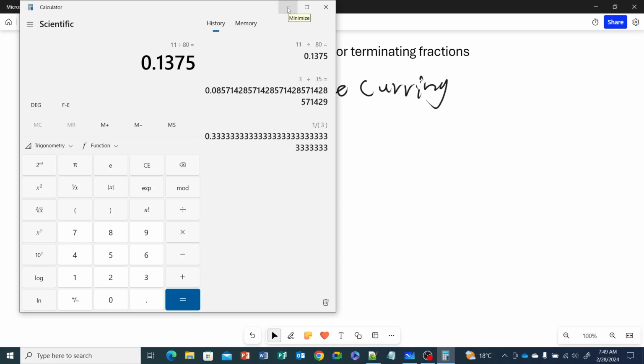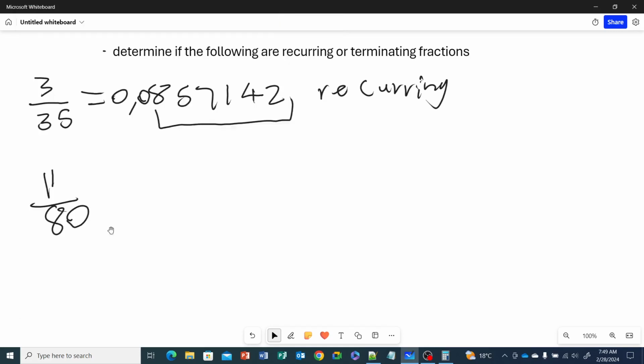It terminates itself. Okay? So it's equal to 0.1375.